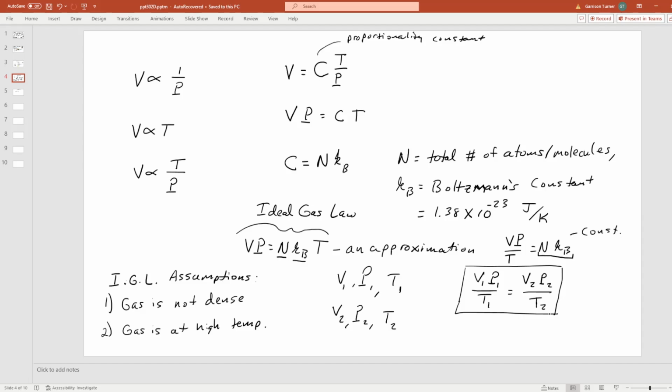Basically, if you know one side of the equation and something about the other side, you can calculate the remaining quantities. But again, this is an approximation.